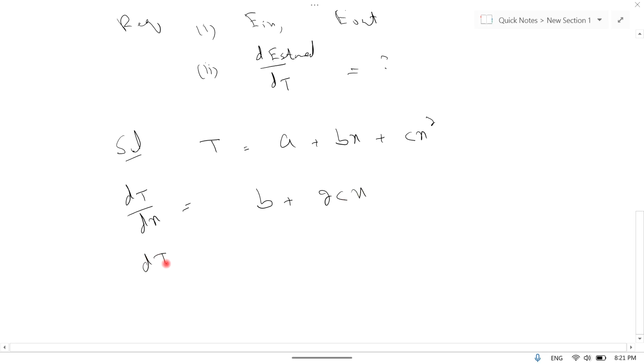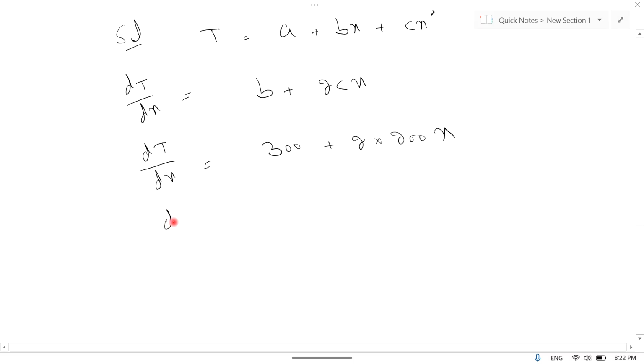Now put values here. dT by dx is equal to B, which is 300 degree centigrade per meter, plus 2 times C, which is 200 degree centigrade per square meter, times x, which varies from 0 to 0.8. So dT by dx is equal to 300 plus 400x.